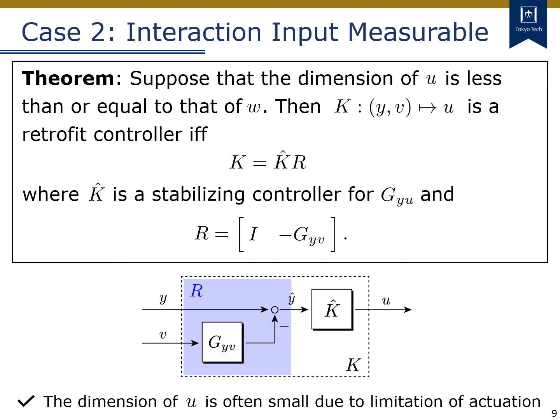Suppose that the dimension of the input U is less than or equal to the dimension of the interaction output W. Then a dynamical controller K, which is a map from YV to U, is a retrofit controller if and only if K is given as a multiplication of K hat and R, where K hat is a stabilizing controller for GYU and R is defined like this.